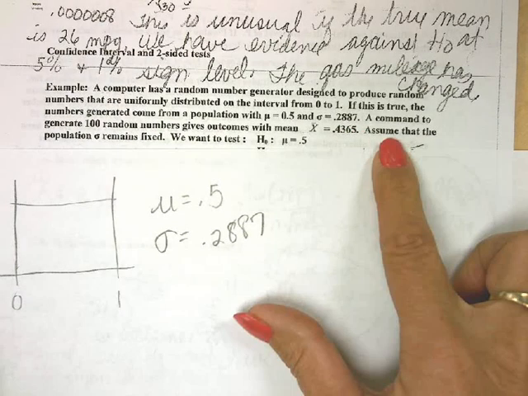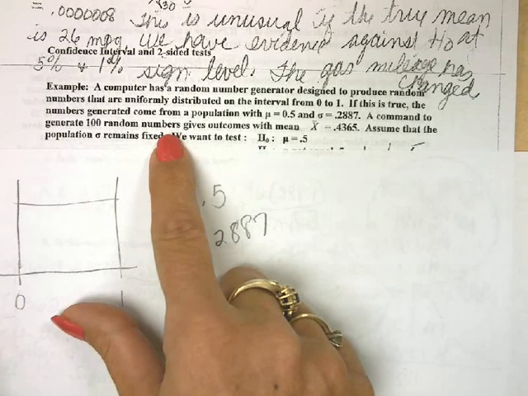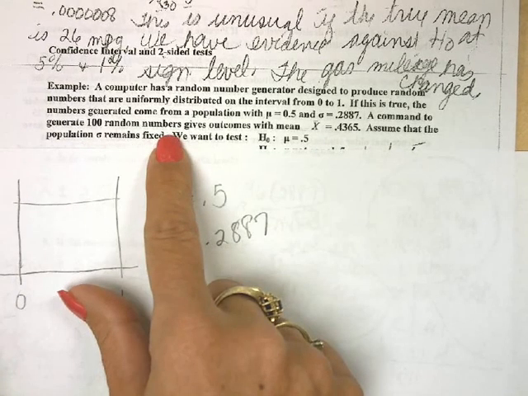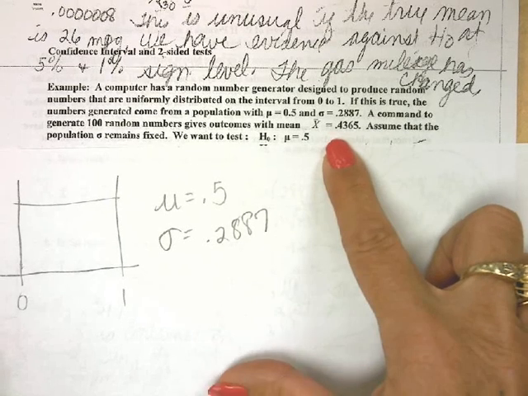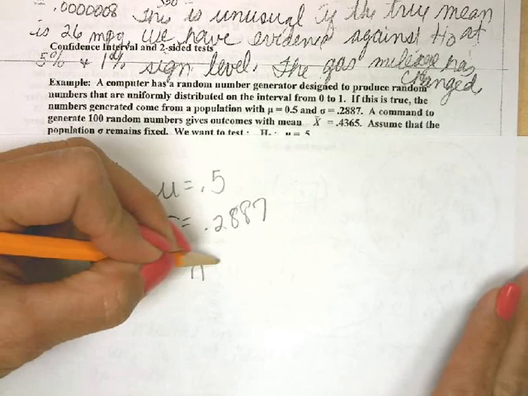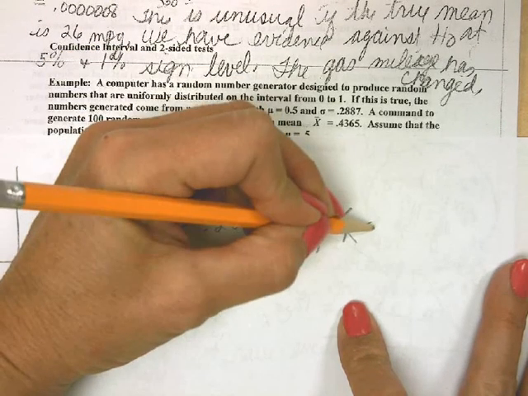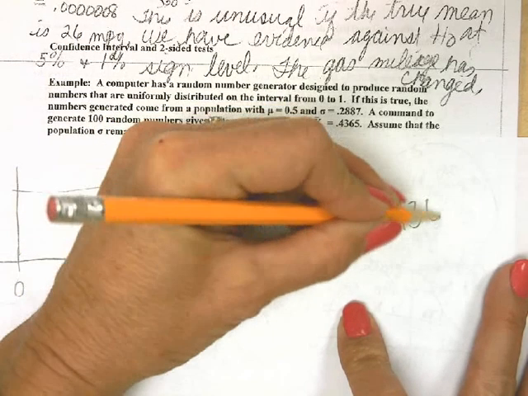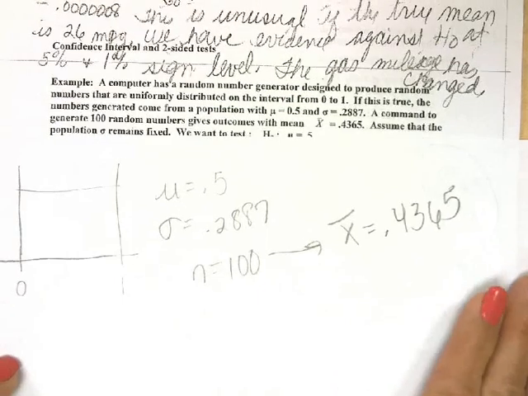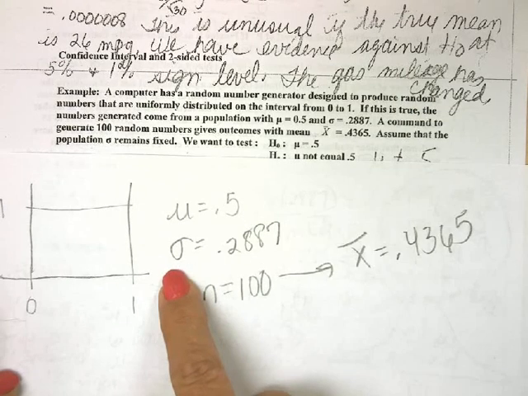Now, a command to generate 100 random numbers, so we could do RAND and have it generate 100 numbers, produces a mean value, an X bar. It says assume that the population sigma stays the same.